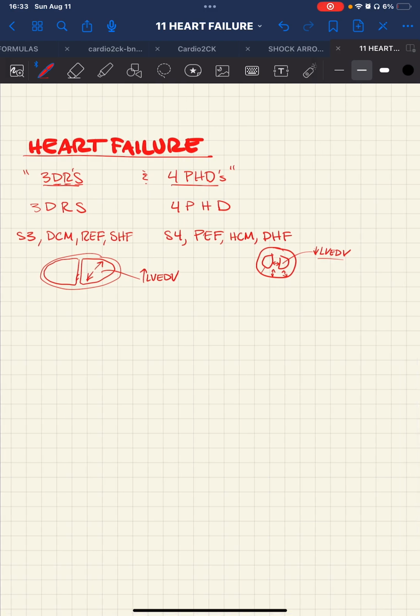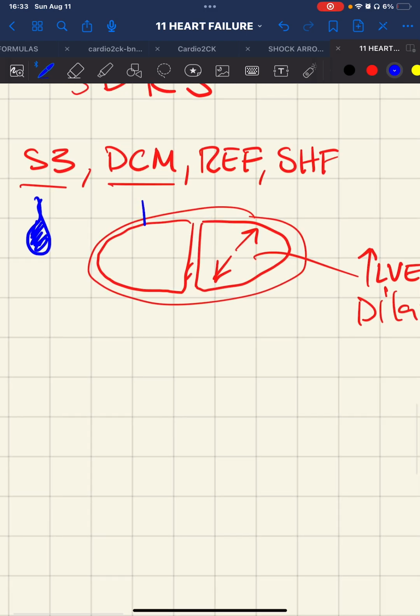And so you can see all those sounds we're going to hear on auscultation is an S3. We have dilated cardiomyopathy, as you can see here. This is very dilated. Remember that the S3 means there's a lot of water splashing in. So when you squeeze the atria into the ventricle, it's going to splash in here because there's so much water in here.